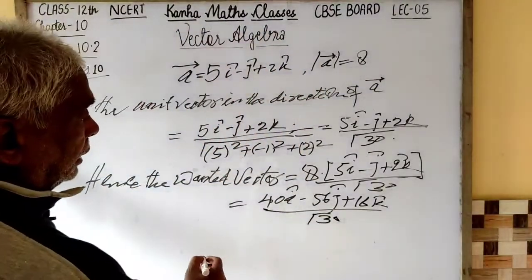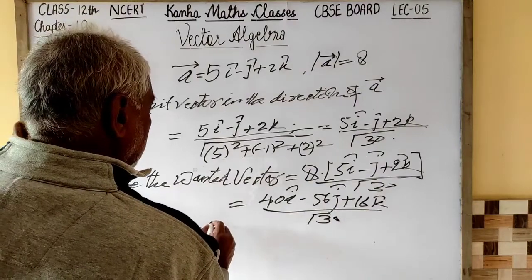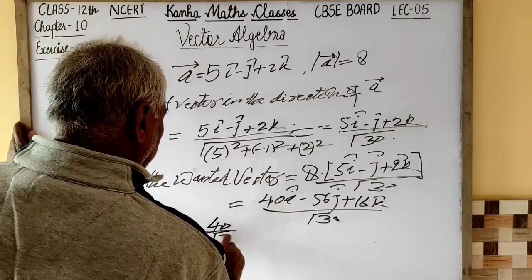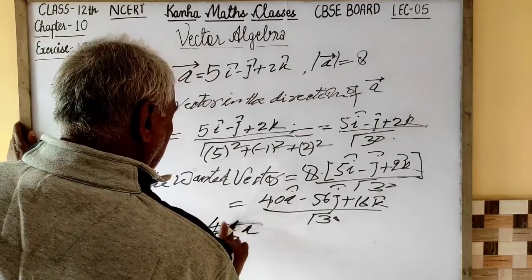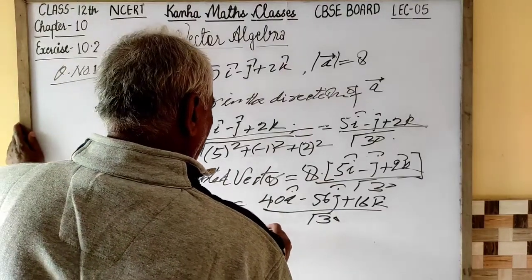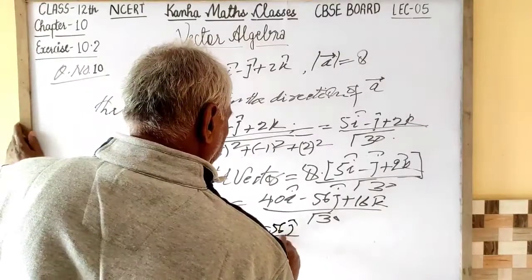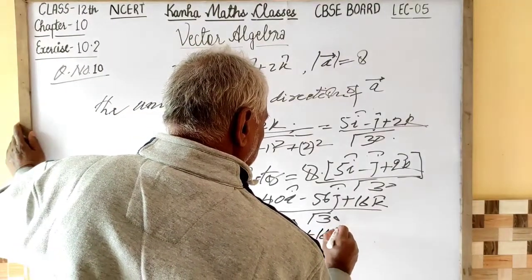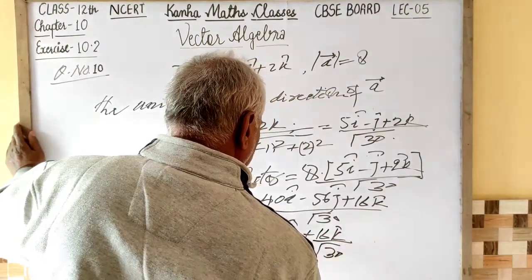Now we may separate this: 40 upon root 30 i minus 8 upon root 30 j plus 16 upon root 30 k.